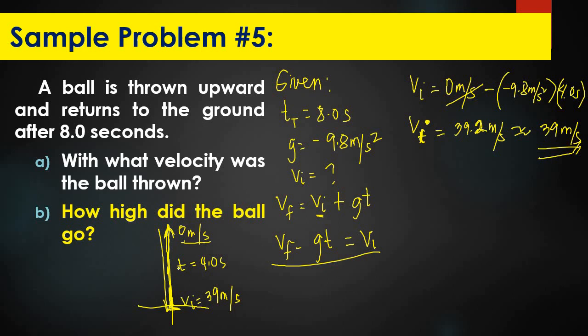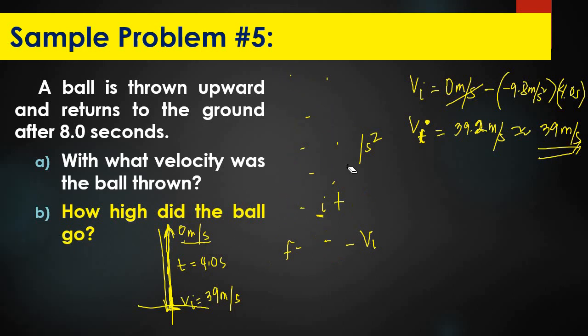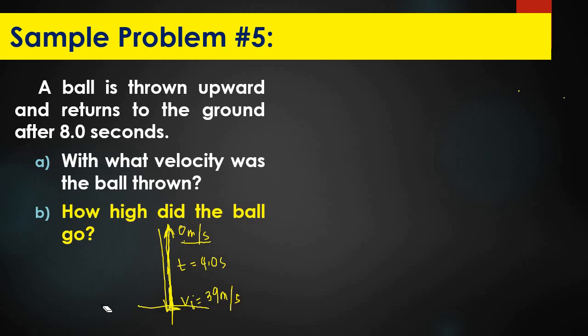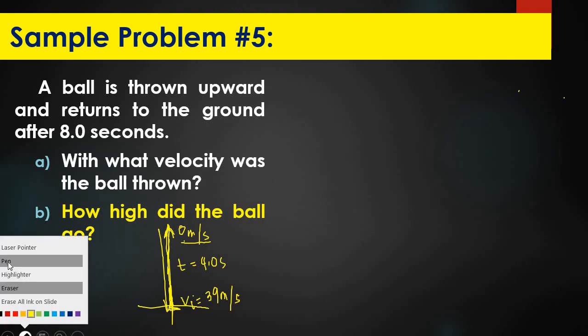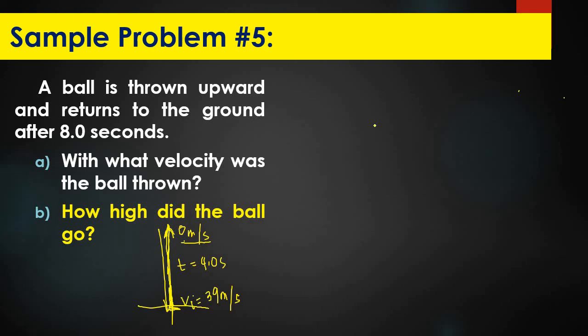Second question natin, supposedly dito sa page na to, how high did the ball go? So anong equation ang pwede nating gamitin diyan? VIT plus 1 half times G times T squared. Yun yung formula for displacement.